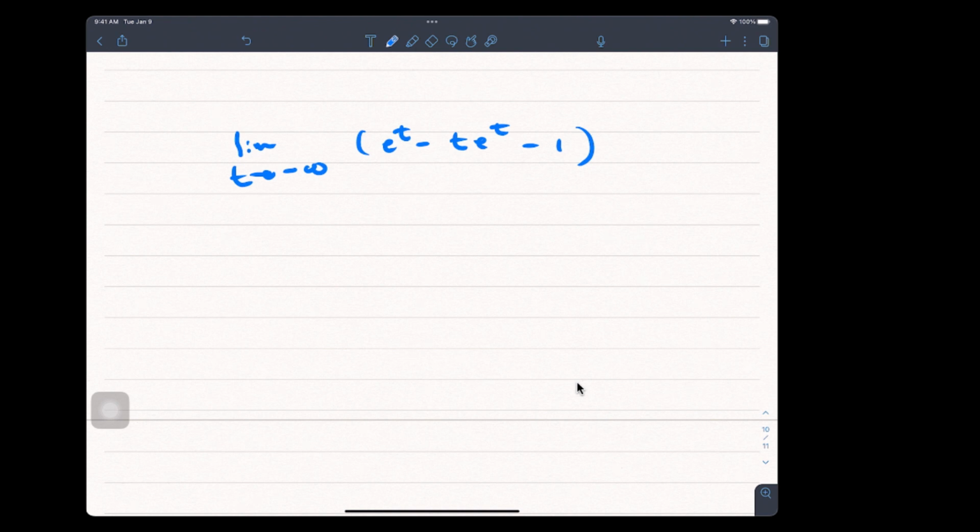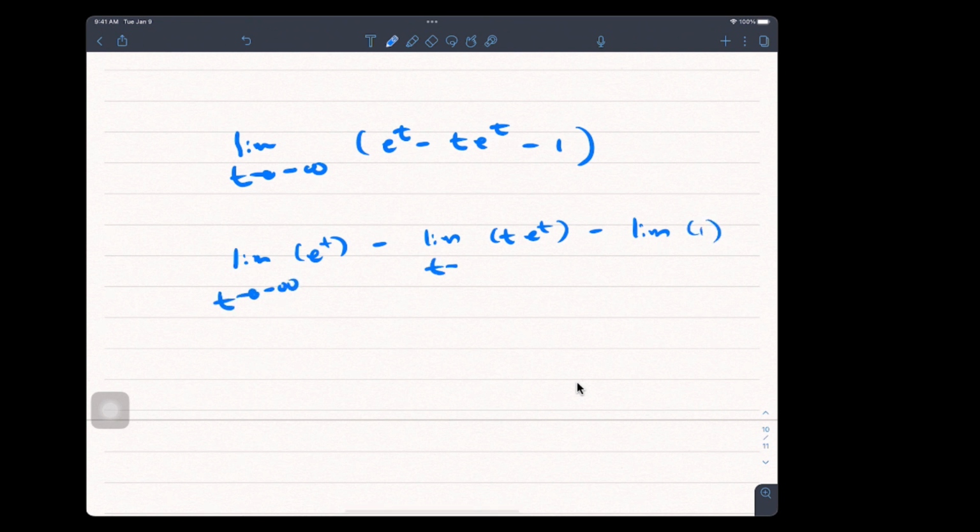Okay, what's this limit going to be? Does anybody know what this limit's going to be? Isn't it the limit of a sum and difference? The limit of e to the t, minus the limit of t e to the t, minus the limit of 1. Is that right? You guys okay with this?